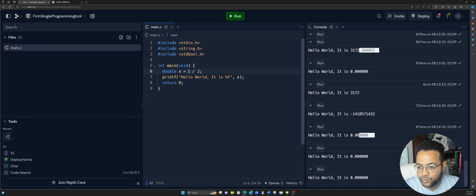Double x equals 1 divided by 2, right? Interesting. And I can't debug this, can I? I would like to, but I don't think I have upgraded my repl for that. But it will keep printing that, unfortunately.